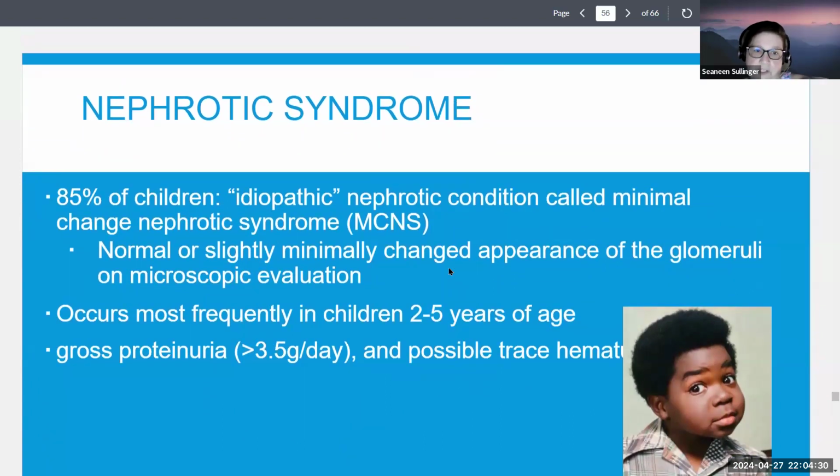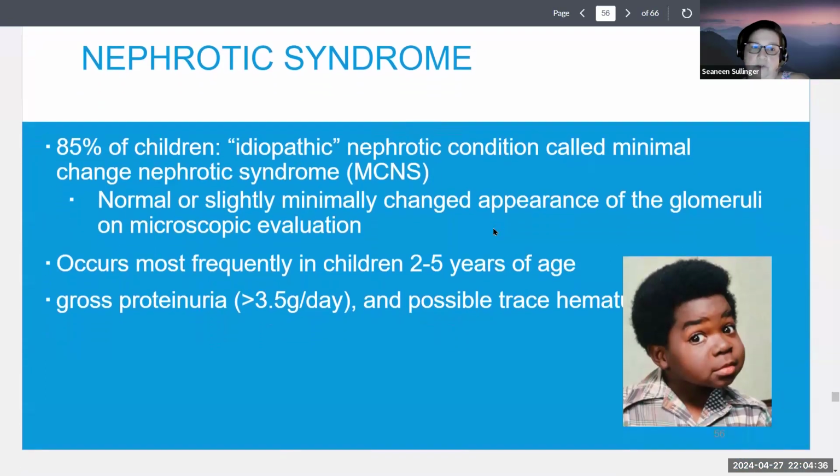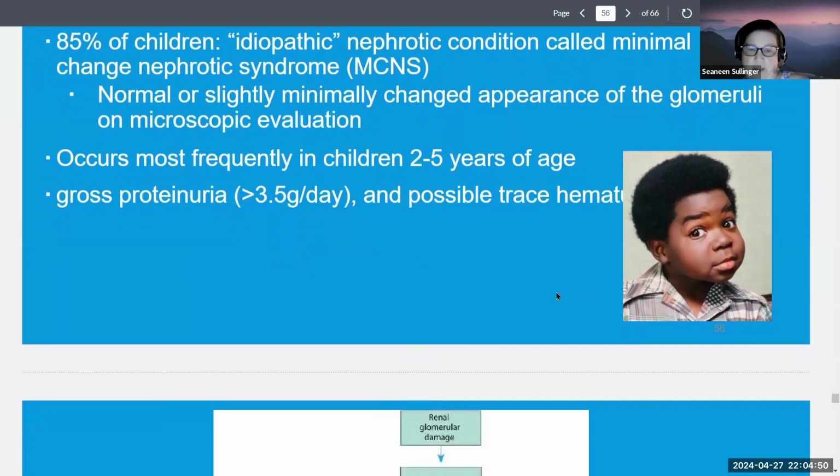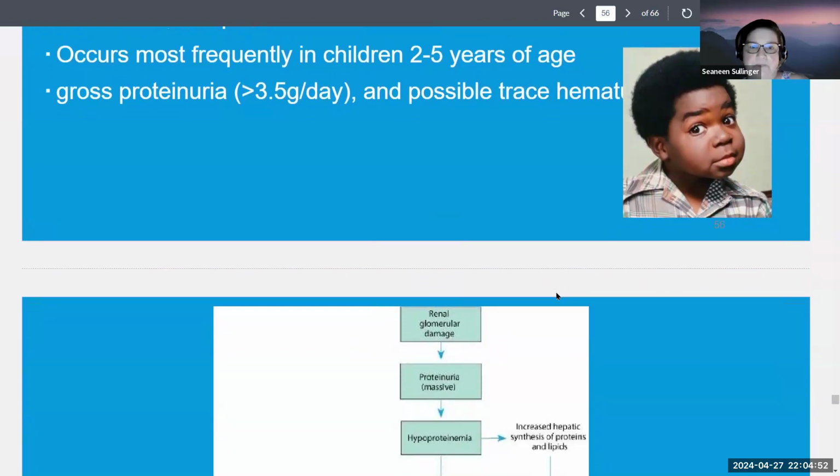There's minimal change nephrotic syndrome, which we would consider to be idiopathic. It occurs most frequently in children 2 to 5. Greater than 3.5 grams per day gross proteinuria. And then our friend Gary Coleman there, who had nephrotic syndrome.